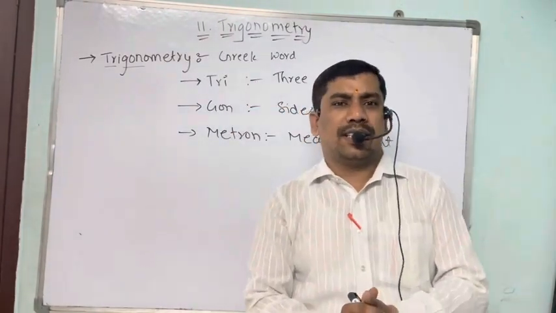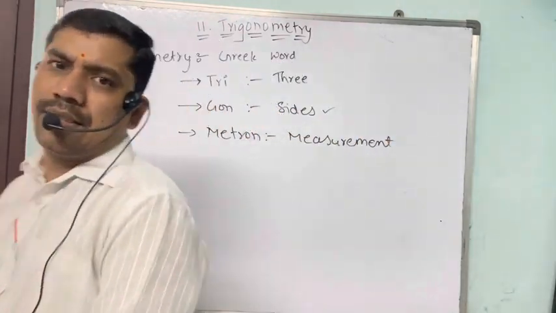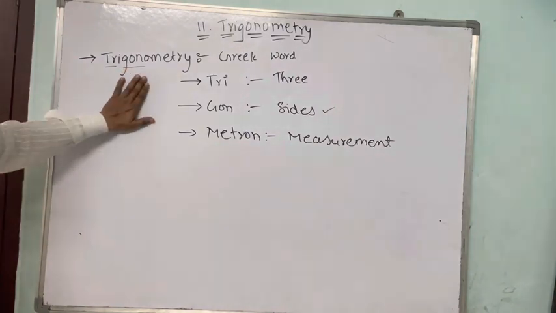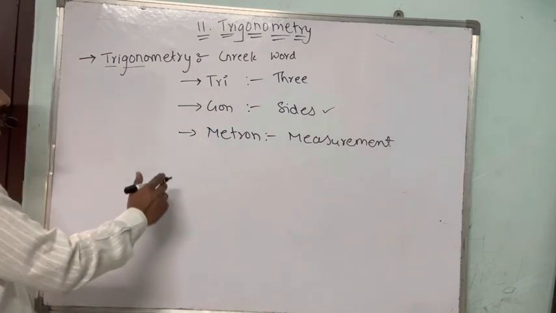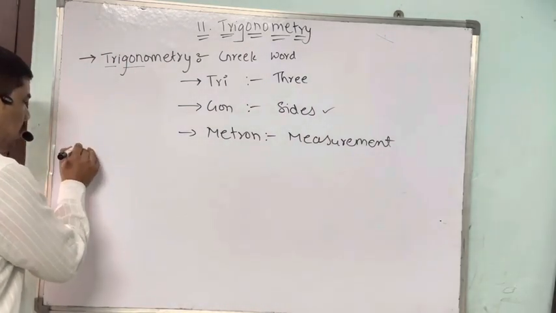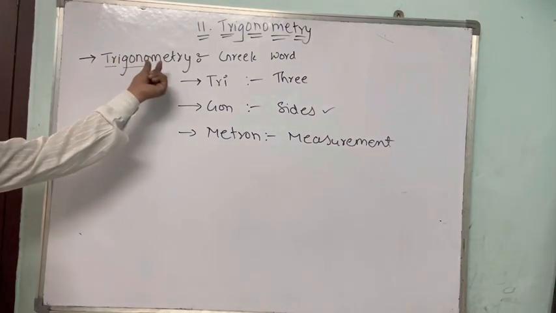We'll come to know how we deal with that in the coming videos. Right, so hope the meaning is clear to you. Okay, so now let us see what trigonometry is. This is the word-wise meaning.